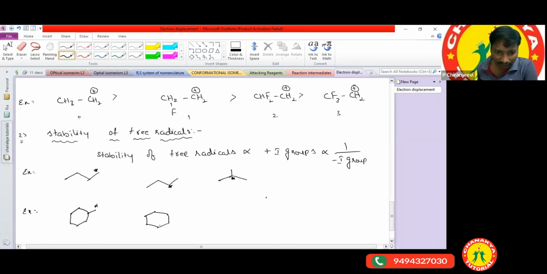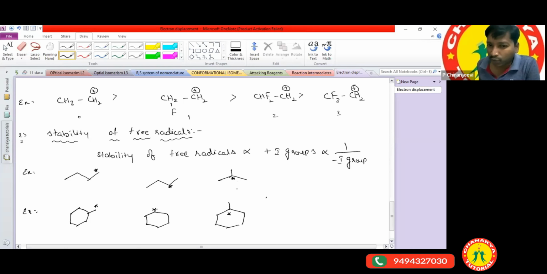Can you repeat the question again? I had given three structures. Which one is the more stable one? That is my question.